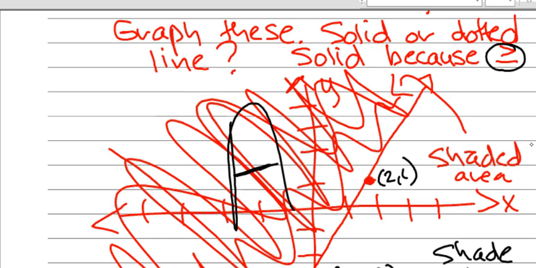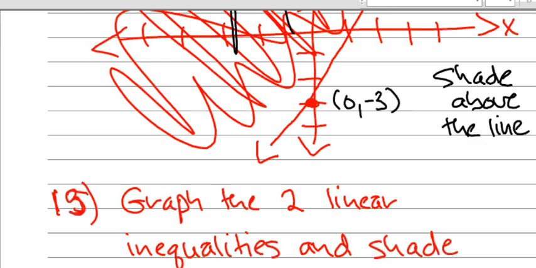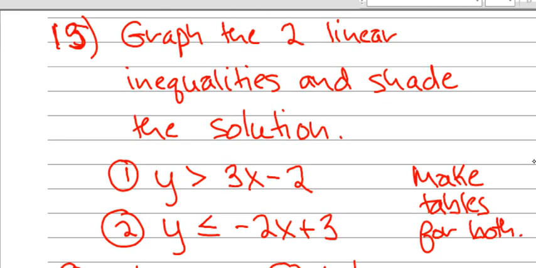Now we're going to graph and shade 2 linear inequalities. So this is number 15. This is the last one on the, not chapter, but exam 2 review. I'm going to graph 2 linear inequalities and shade the solution.